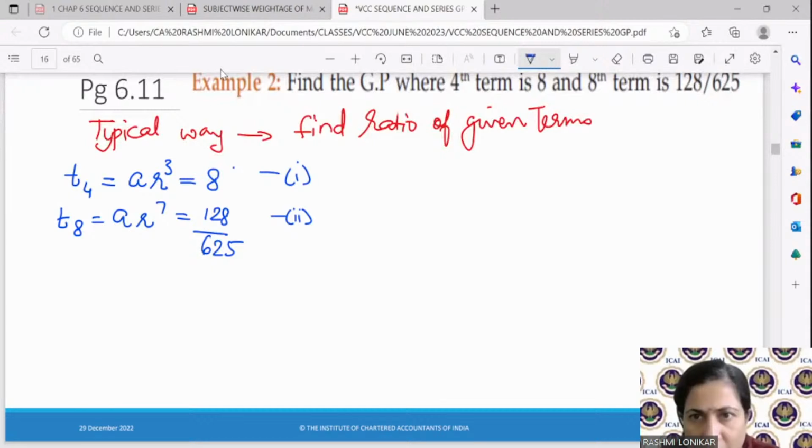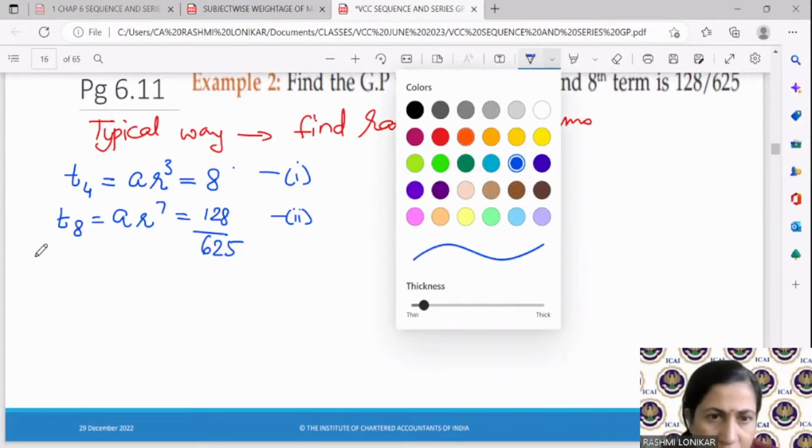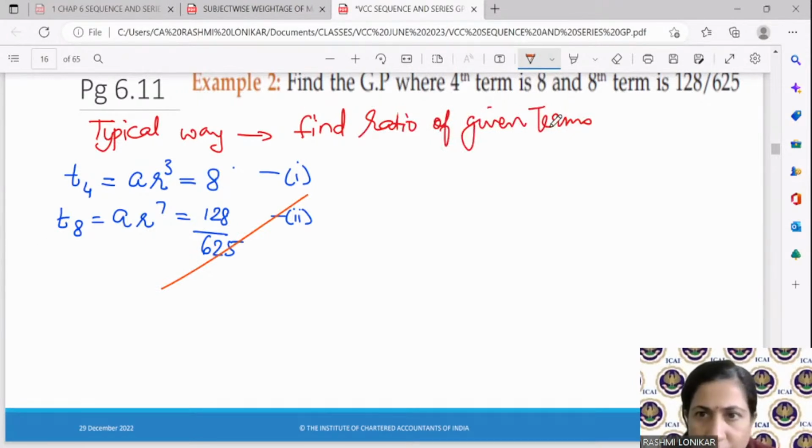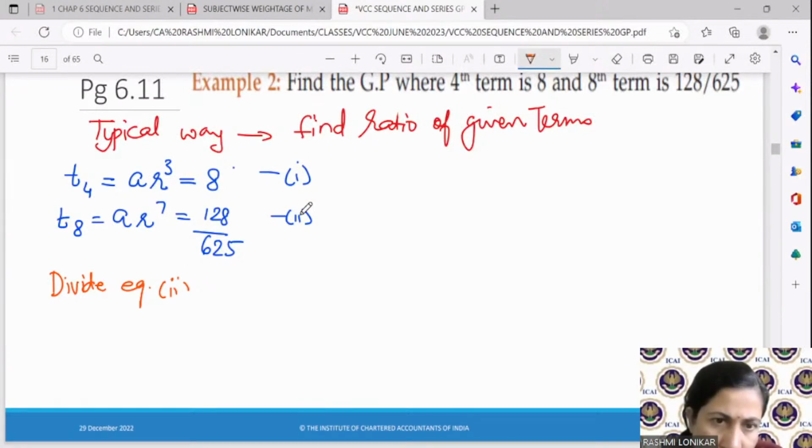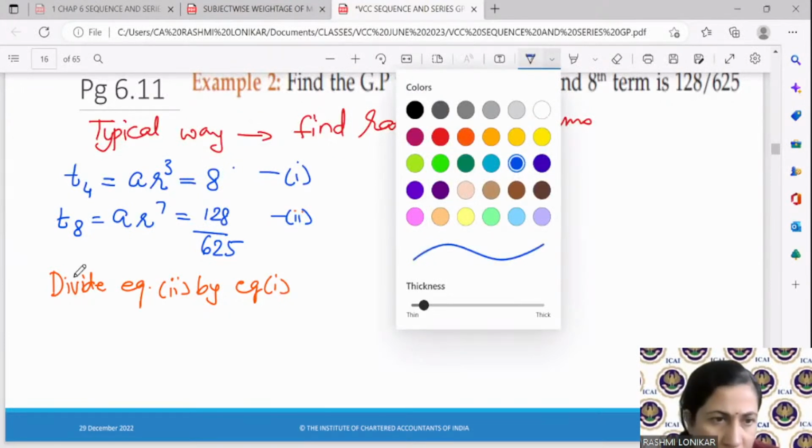Very important: divide equation 2 by equation 1. Okay. This is what you must remember.